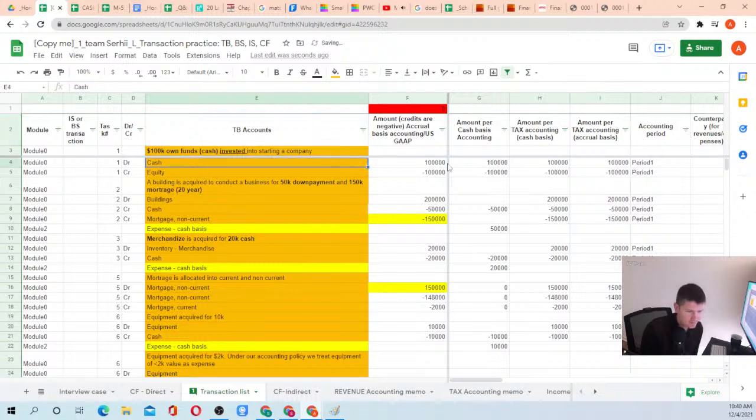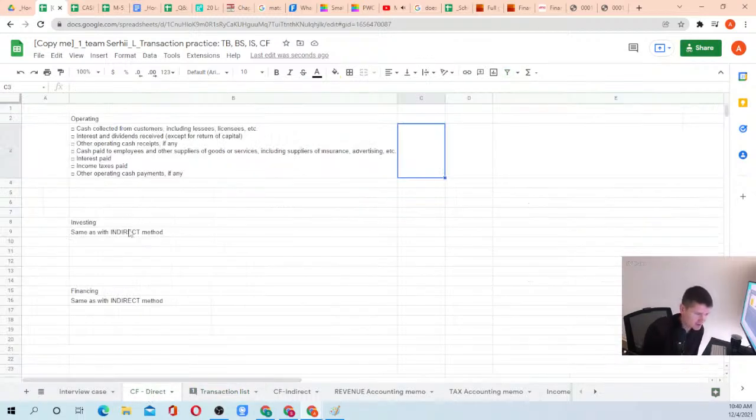Okay, so cash, equity. This is clearly a financing transaction. We get into a transaction with the owners of the company, and that is the definition of a financing transaction. And if we get into a transaction with a bank, that's also a financing transaction.